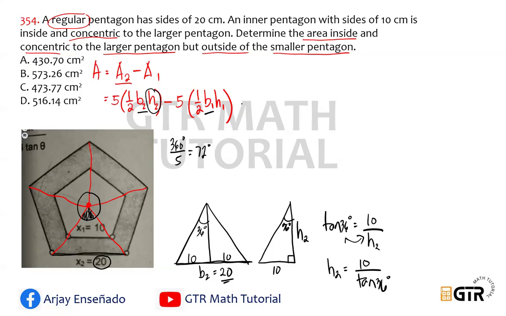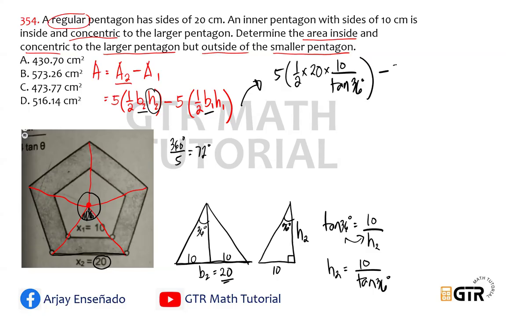So therefore, we can now substitute this. We have A sub 2 equals 5 times 1 half times the base of this bigger triangle, which is 20, times H sub 2, which is 10 over tangent 36 degrees.